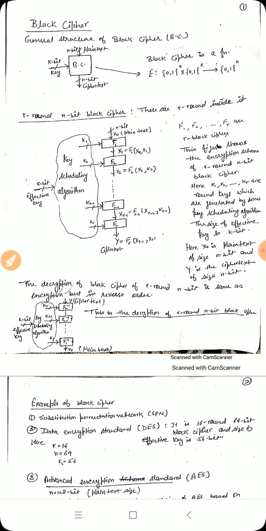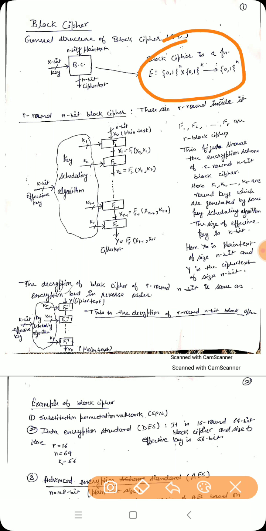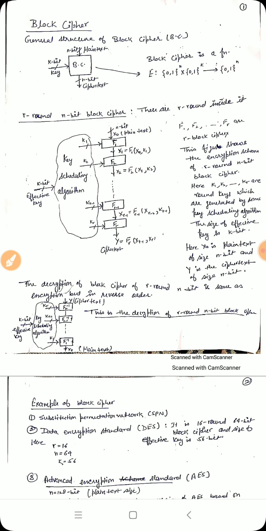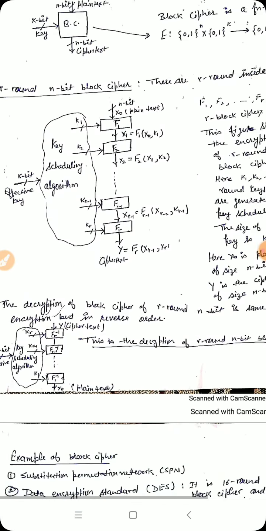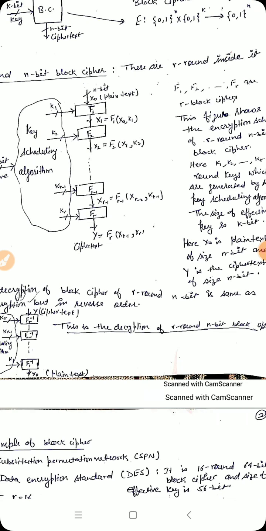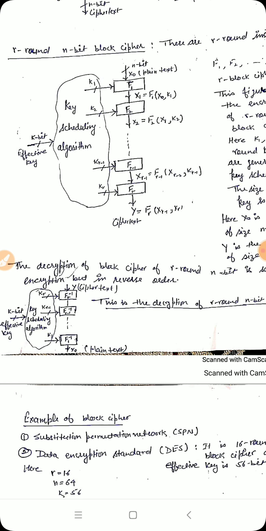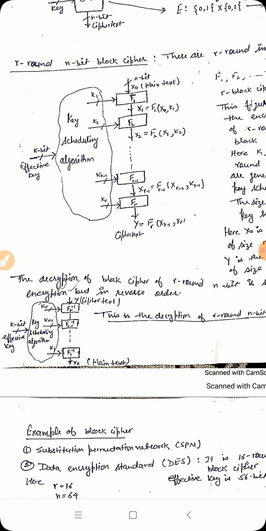Mathematically, we can say this is a function E, which takes the input of n-bit plaintext and a k-bit key, and the output is n-bit text. An R-round n-bit block cipher is a block cipher in which there are R rounds inside it, and the size of the plaintext block is n bits.